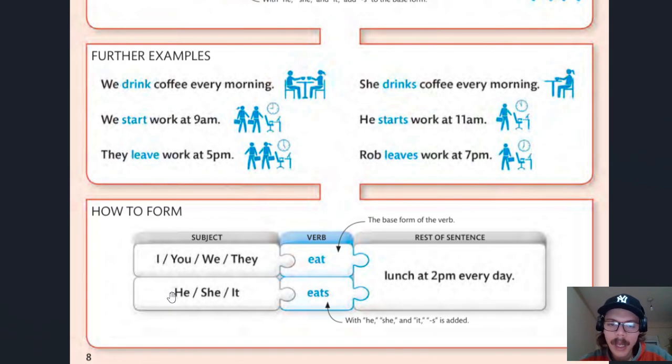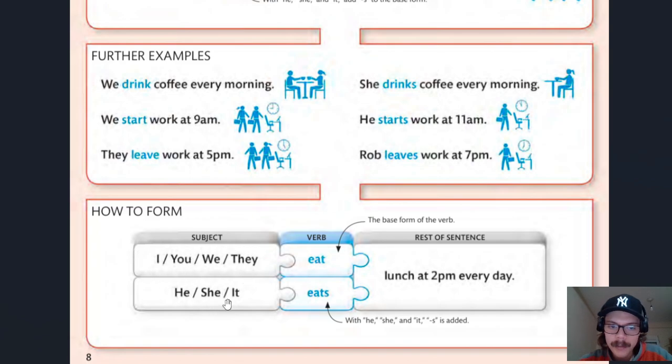Okay. And apart from the person, you also have the number. So is it referring to only one person or is it referring to multiple people? Okay.